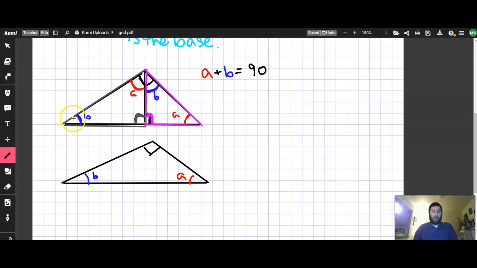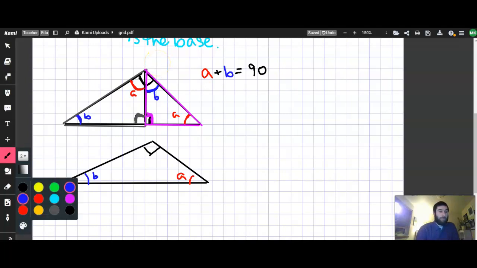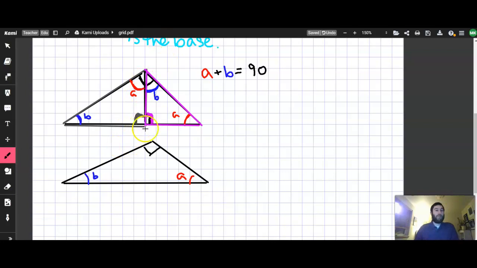Now, let me draw the gray one. And so, ladies and gentlemen, the gray one is in a slightly different orientation here. The gray one has the 90 degrees here on the bottom, but that's okay. Because what do we know about similarity?